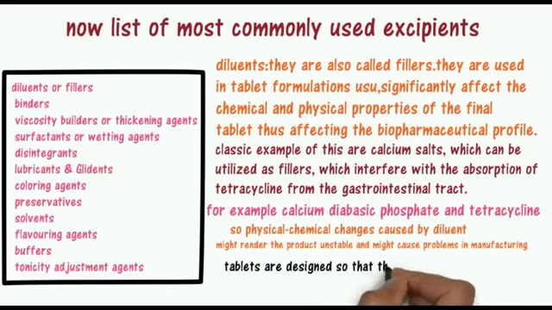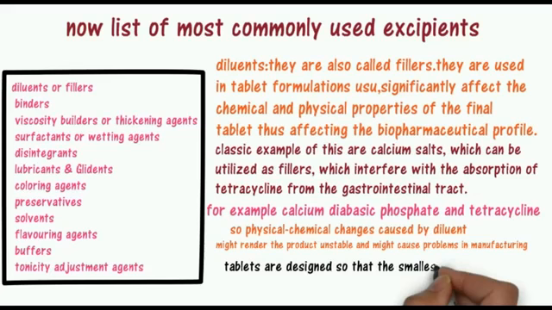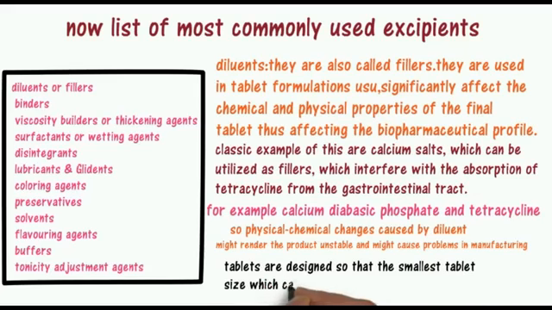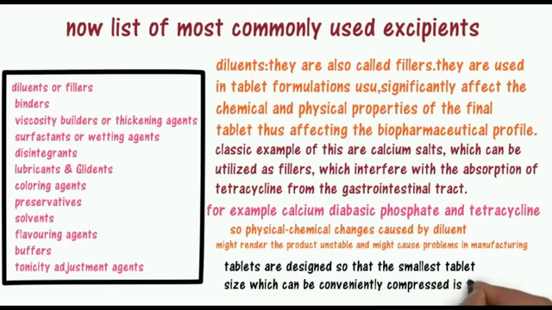Tablets are designed so that the smallest tablet size can be conveniently compressed, but there are some active pharmaceutical ingredients, for example bisoprolol, the dose of which is 2.5 mg, so it cannot be compressed.